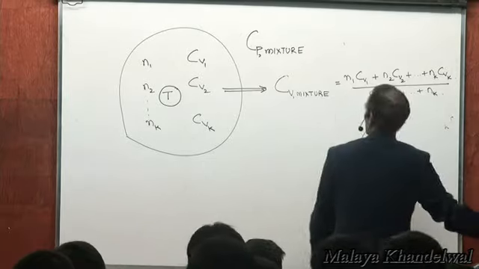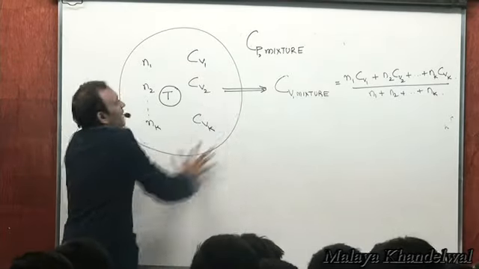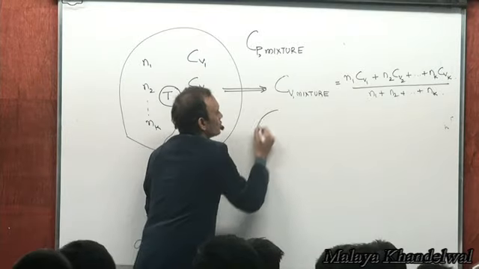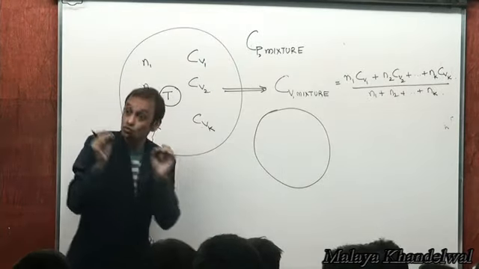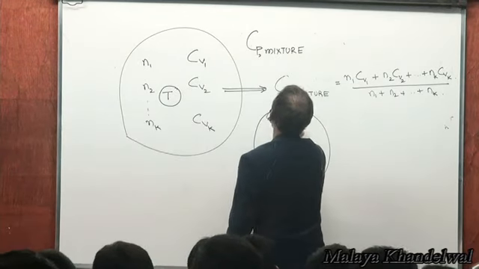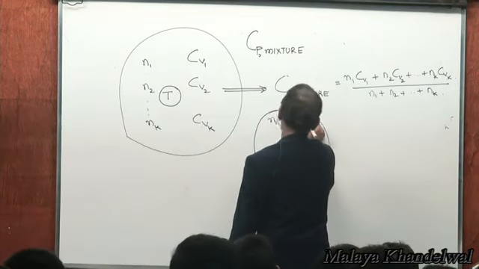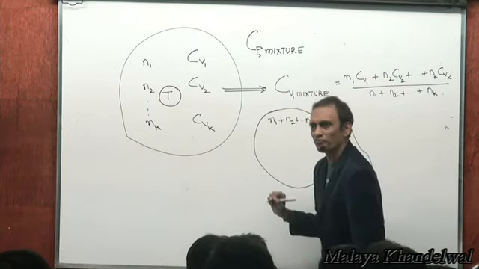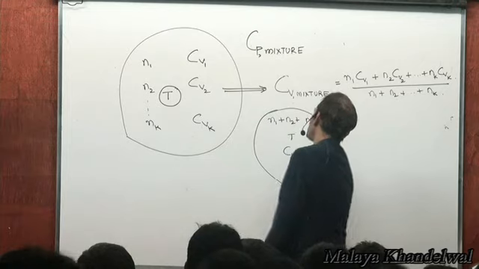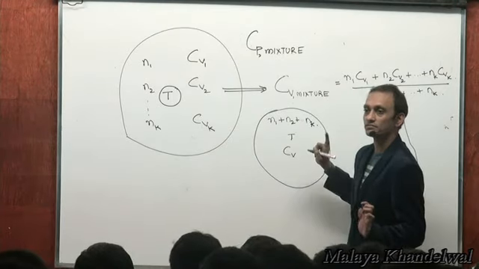See, this mixture is equivalent to a single equivalent gas, with how many moles? N1 plus N2 plus Nk. Same number of moles of the gas at the same temperature T and having a property Cv. These two are equivalent.